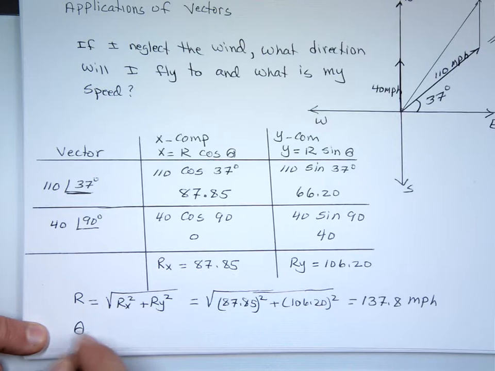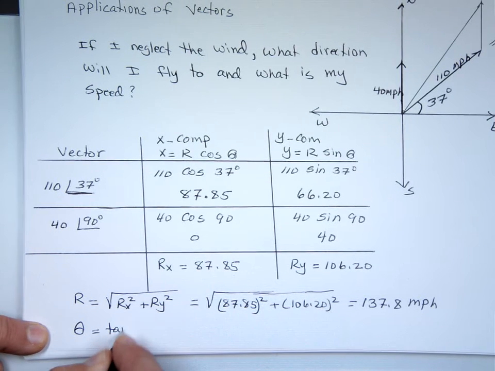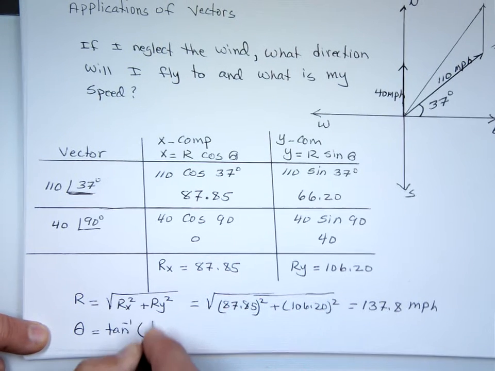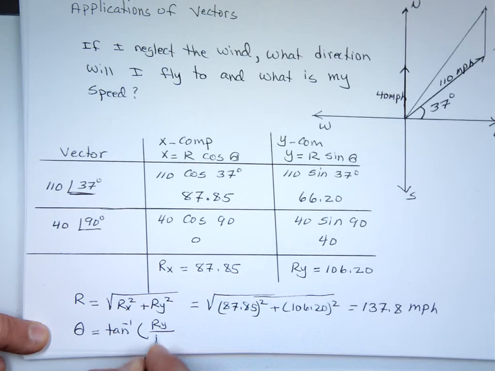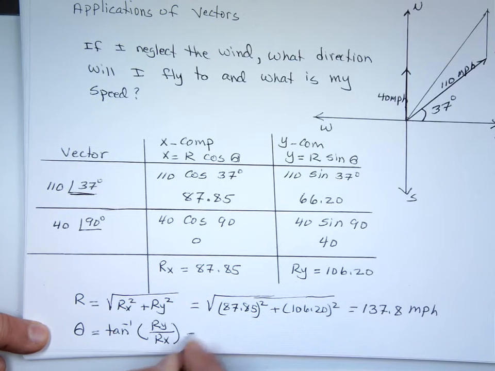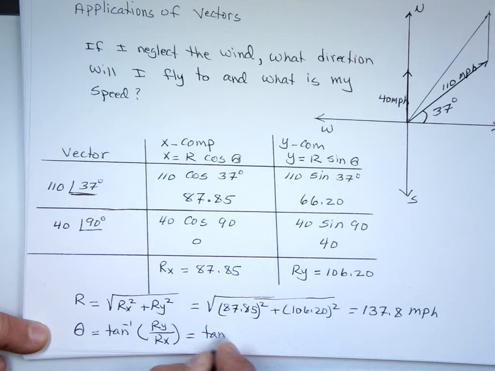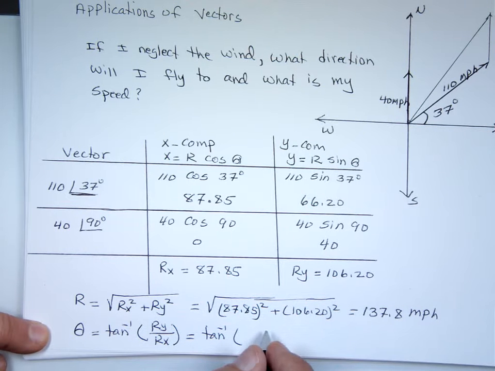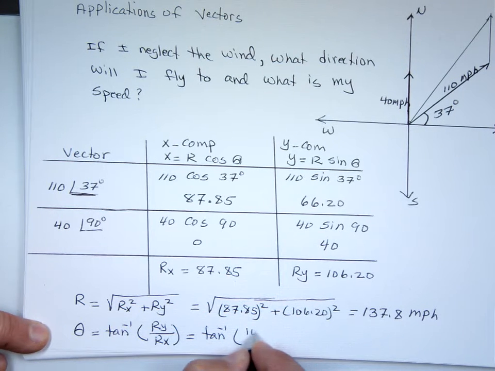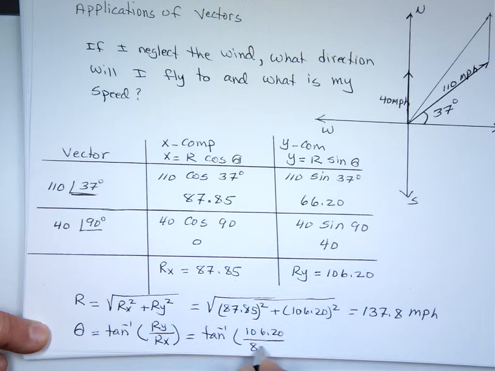So theta is going to be the inverse tangent of the y value over the x value. The y is 106.20, the x value 87.85.